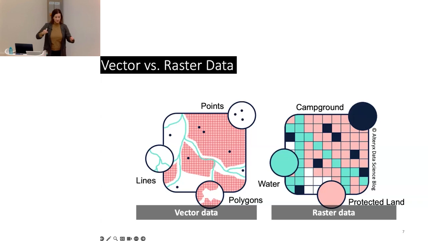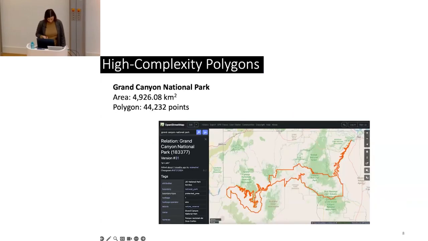So you can see the same physical phenomenon or physical object in these two different representations. But in today's lecture, we will only focus on vector data and how we can efficiently query and process vector data. So there won't be any more about raster data today.